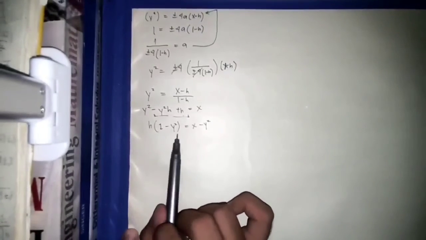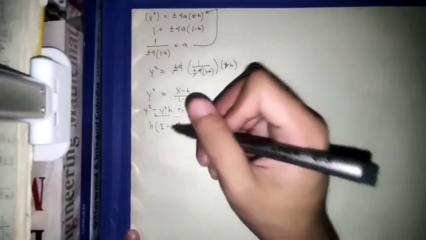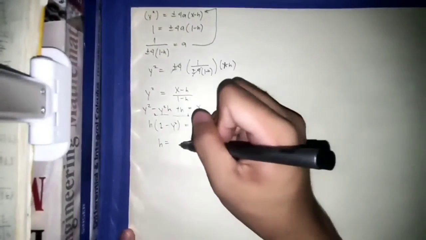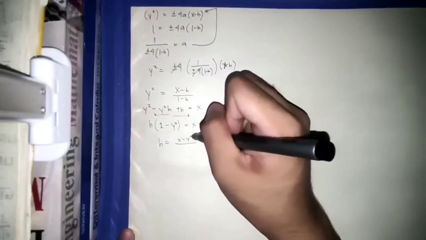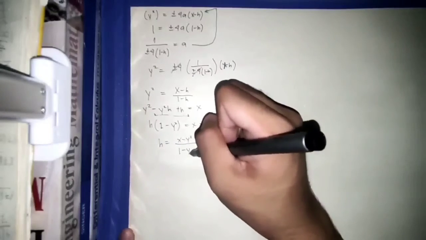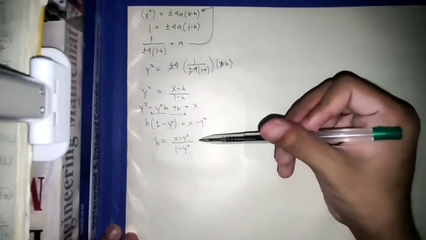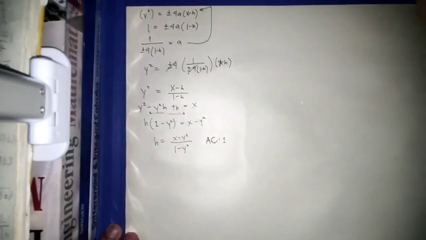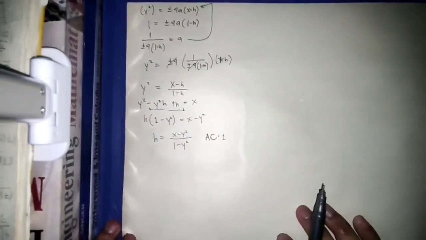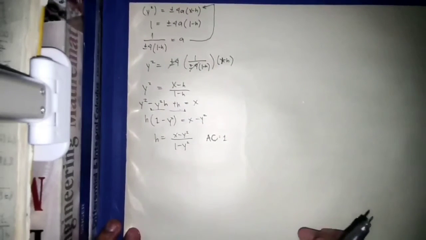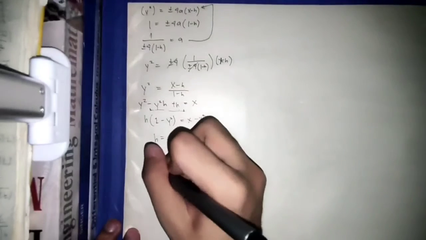Let's divide both sides by 1 minus y squared so that h equals x minus y squared over 1 minus y squared. Now it gives us the new equation, whereas the number of arbitrary constant is 1, and that is h. So let's find the derivative.